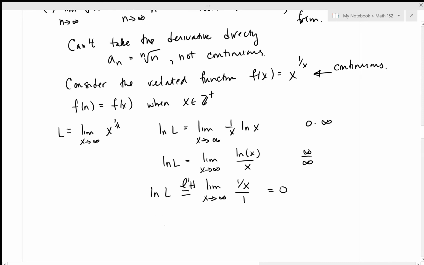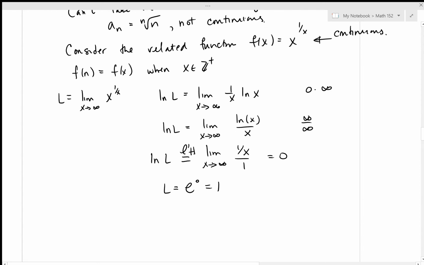That means the limit is e to the 0, which is 1. So I'm going to write this out in detail here, but this is the thought process, because the limit as x goes to infinity of the x root of x is 1.